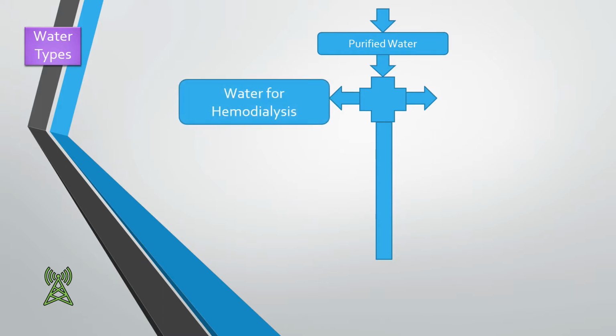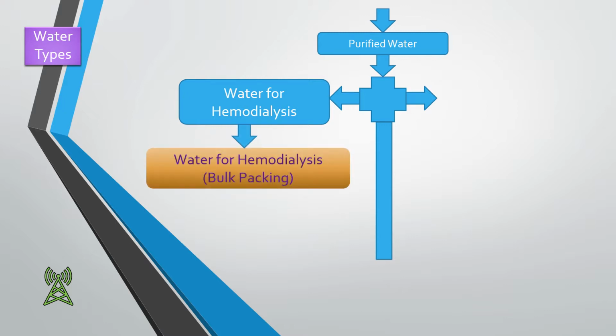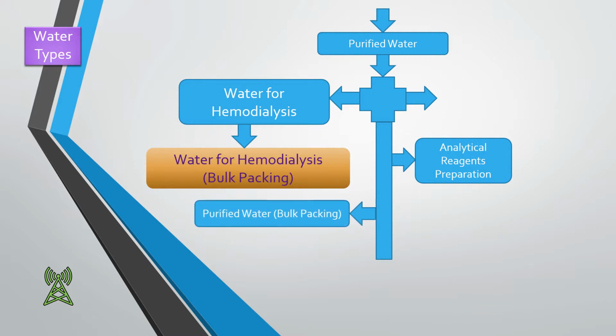Water for hemodialysis: we can send this purified water in the form of bulk packing for hemodialysis. This water can also be used for the preparation of analytical reagents, and then it can be packed in bulk for certain other purposes.